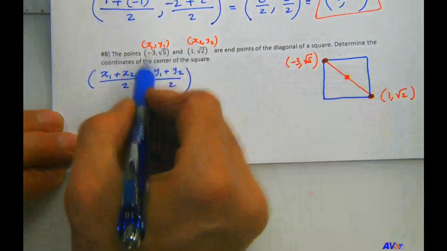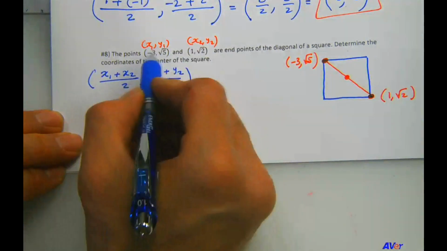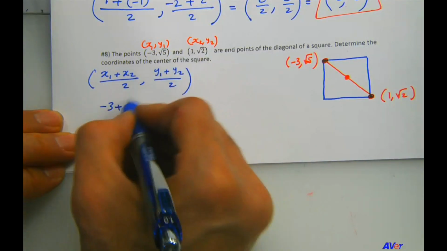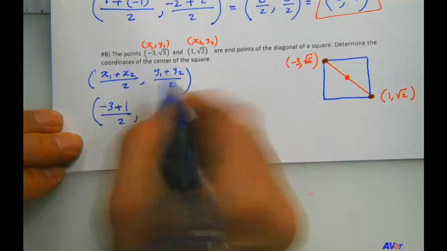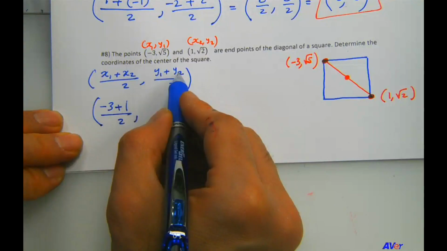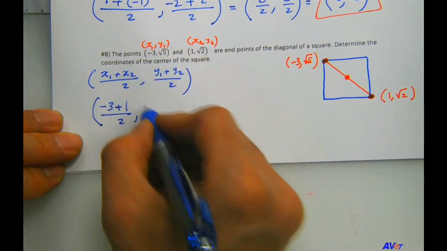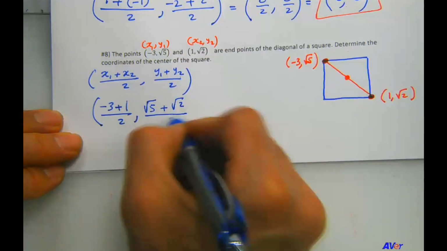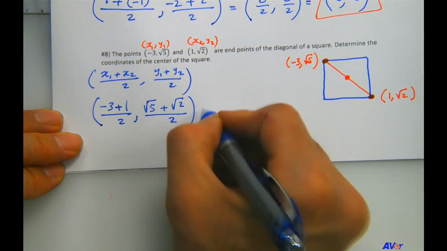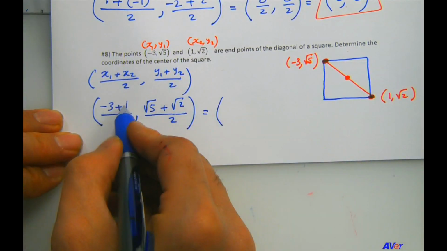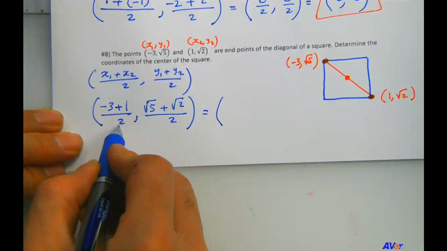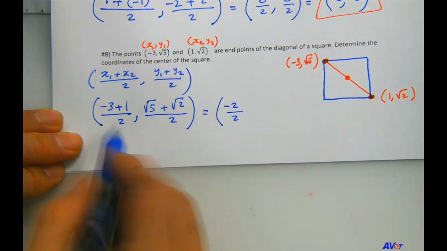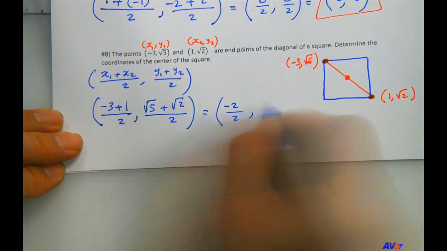Okay, so x1 plus x2 divided by 2. x1 is minus 3 plus x2 is 1 divided by 2, comma, y1 plus y2 divided by 2. y1 is square root of 5 plus y2 is square root of 2 divided by 2. Right? So what do we get? Negative 3 plus 1 is negative 2. Let me do it in steps. Negative 2 divided by 2, comma.